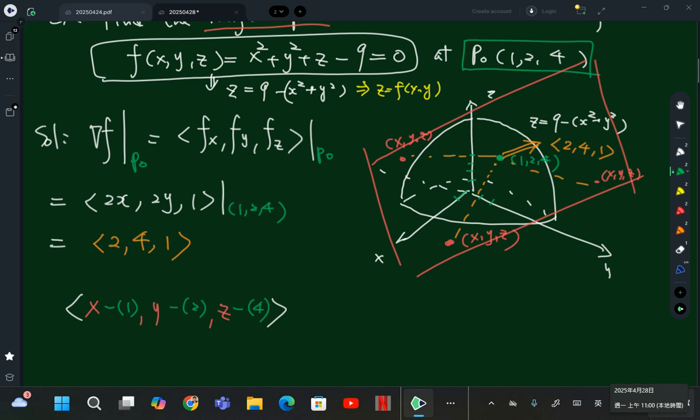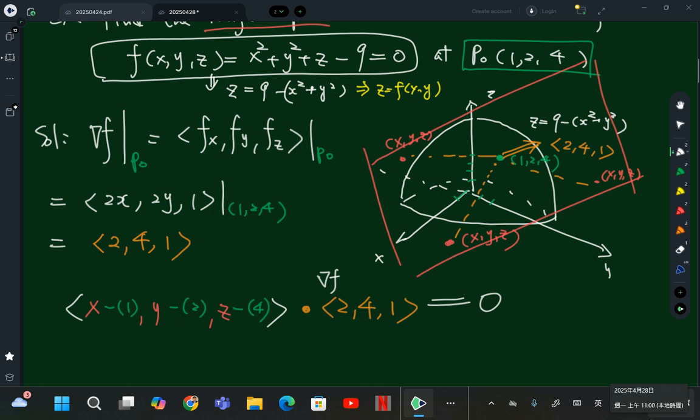All of these vectors are orthogonal to 2, 4, 1, the gradient vector, so the inner product should be 0. This is the gradient vector, and this is the vector from 1, 2, 4 to any point x, y, z.